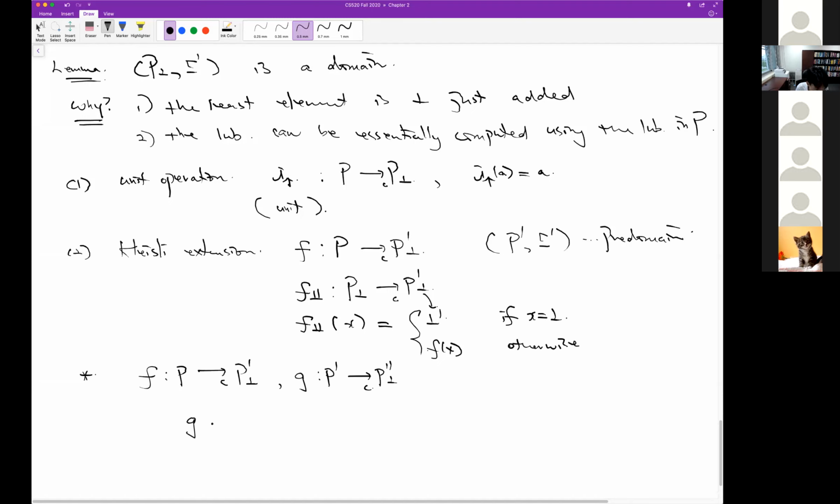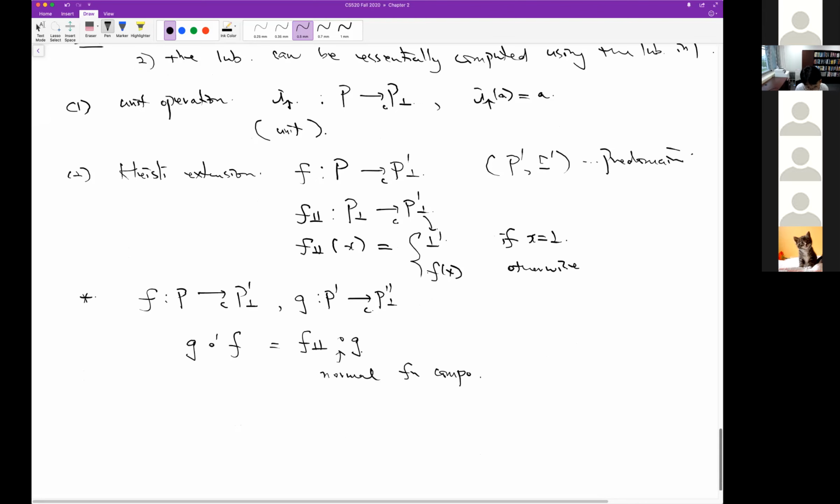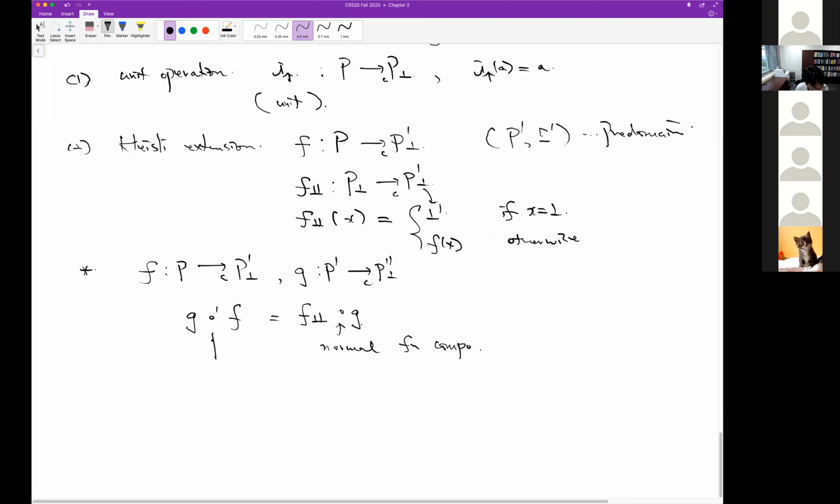So here's a very strange composition operator, which composes f and g, and that can be done by lifting f using Kleisli extension, and then composing it with g. This is normal function composition. It turns out if you do so, this new guy, composition prime, behaves very much like a composition.